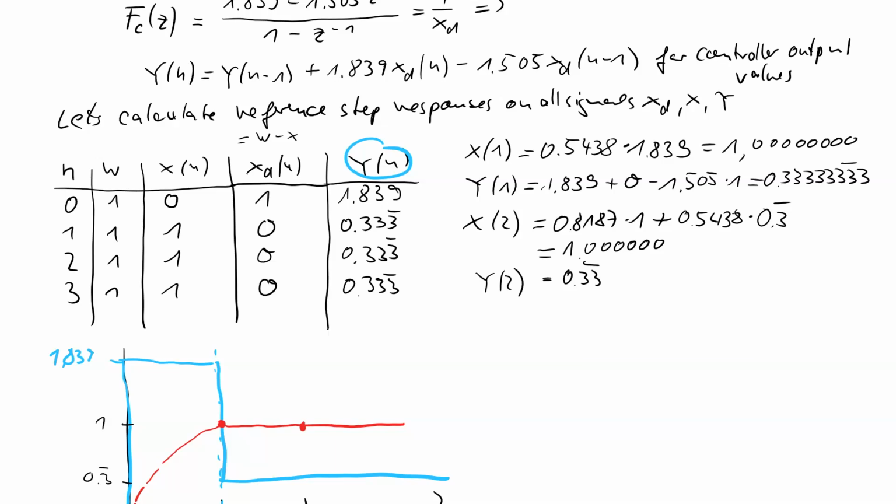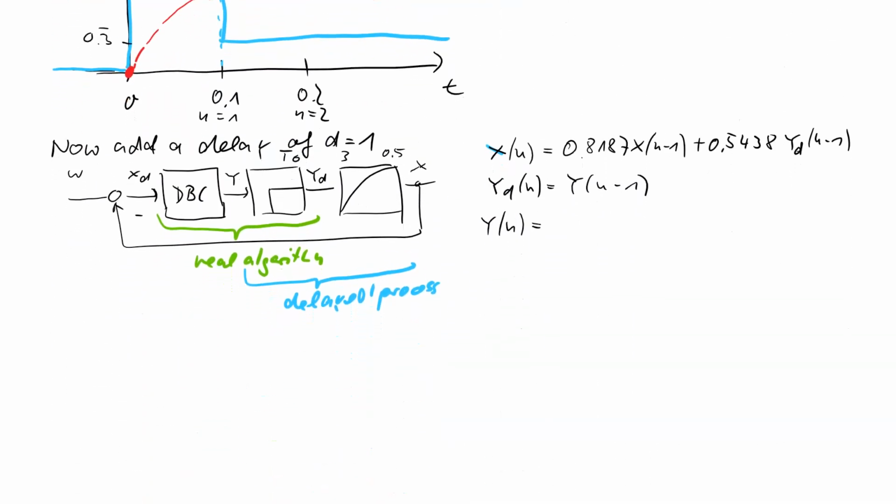That means my algorithm now has to be written as y of n is minus p1 times y of n minus 2 plus q0.